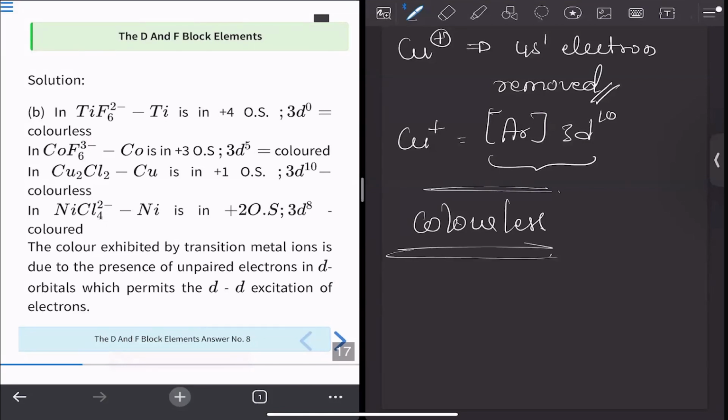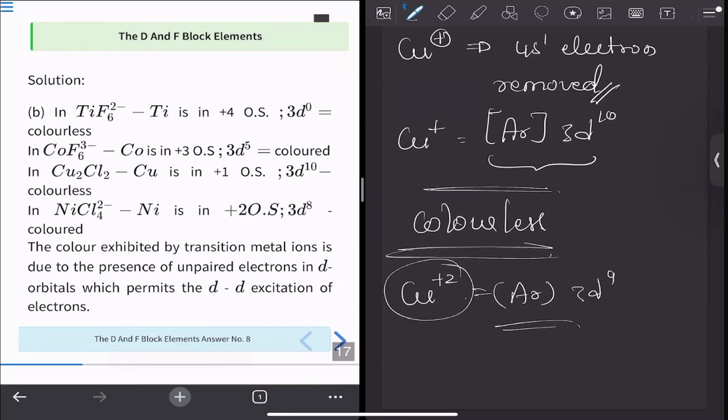We know that generally copper exists in the Cu plus 2 state. So the Cu plus 2 state should be more stable than the Cu plus state, where we have the 3d10 configuration. In the Cu plus 2 state, we have argon 3d9 configuration.